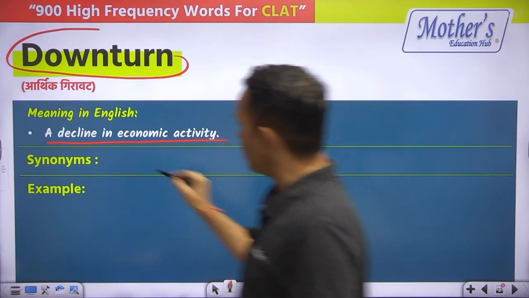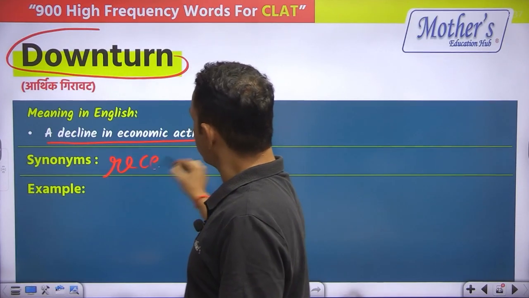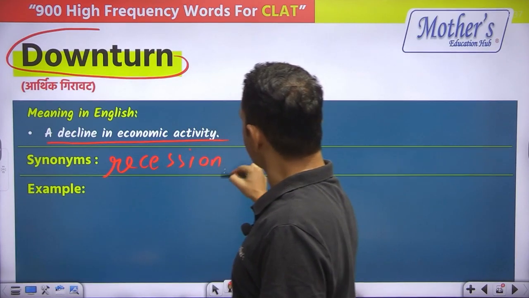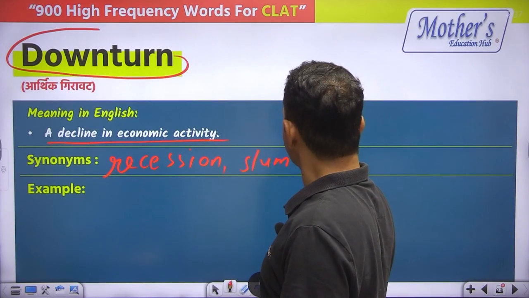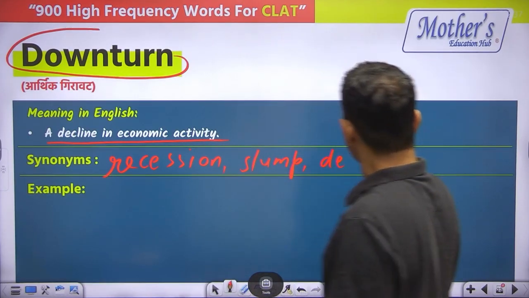Similar words are recession, slump, deflation.